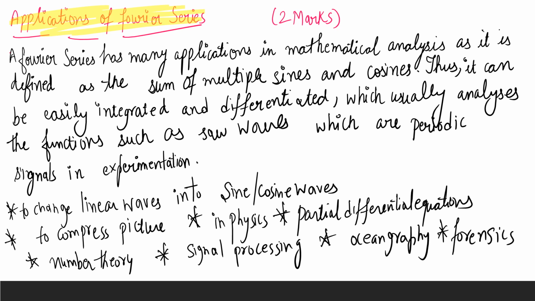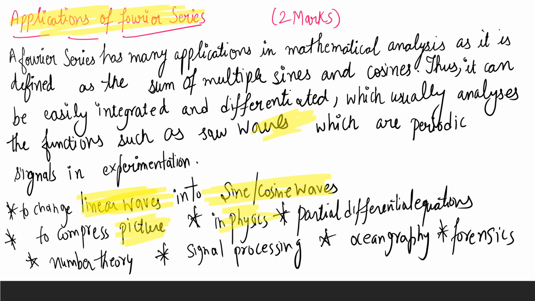And sine and cosine series can be expressed as sine and cosine signals, and these signals will be used in different types of waves in experiments to change linear waves into sine cosine waves. We take any function and change it into a sine and cosine series, and then that series will be used on a graph as sine and cosine waves to compress pictures.